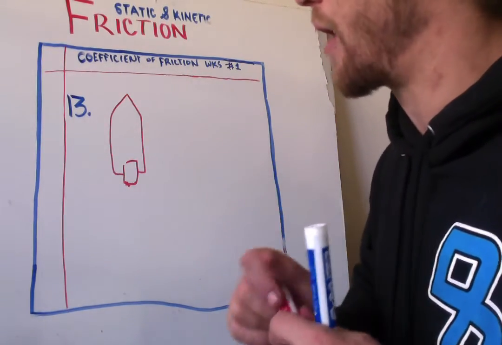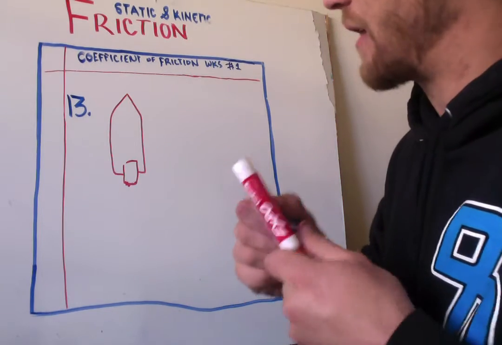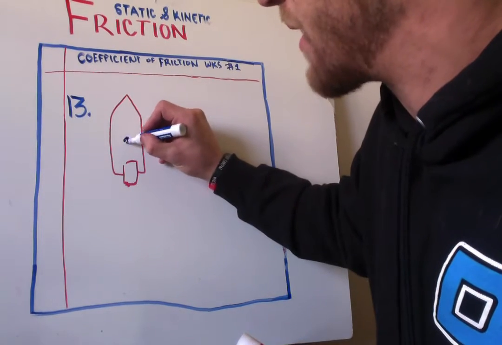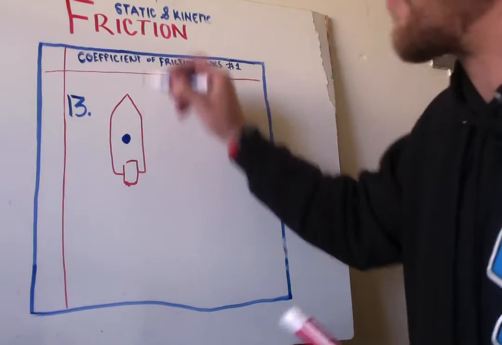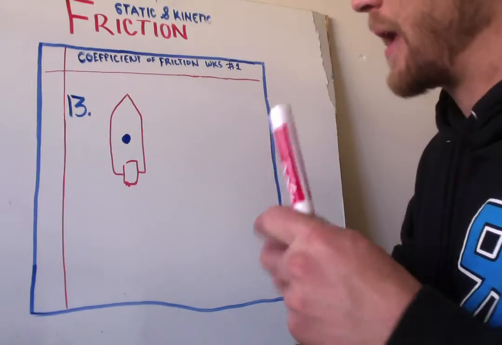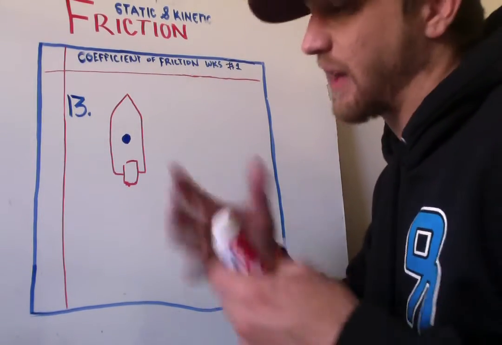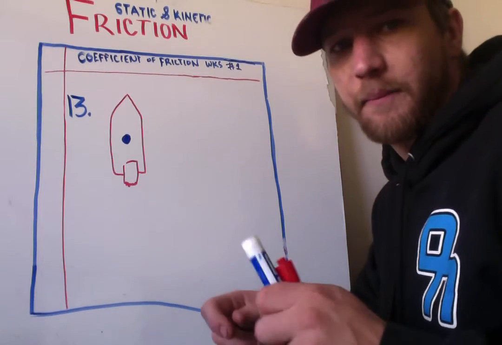So once we have our rocket, let's find our center of gravity for that rocket, because we're going to end up drawing a force diagram with it of the different forces acting on this rocket. And you want to start that diagram from the center of gravity of whatever object you have. Okay.